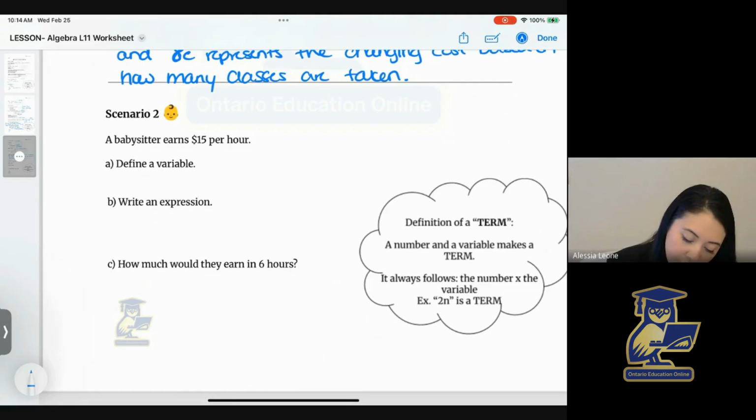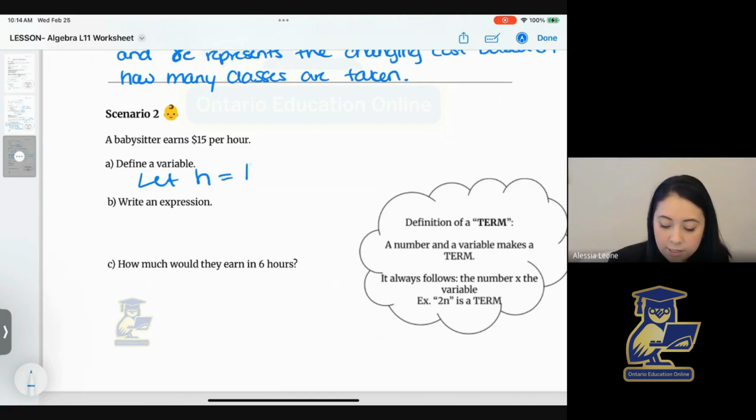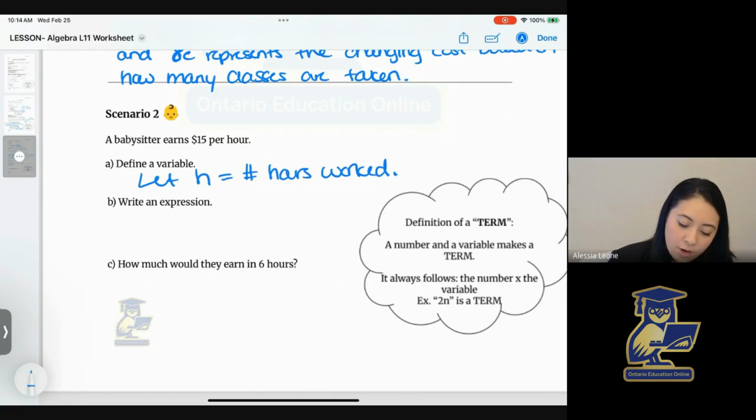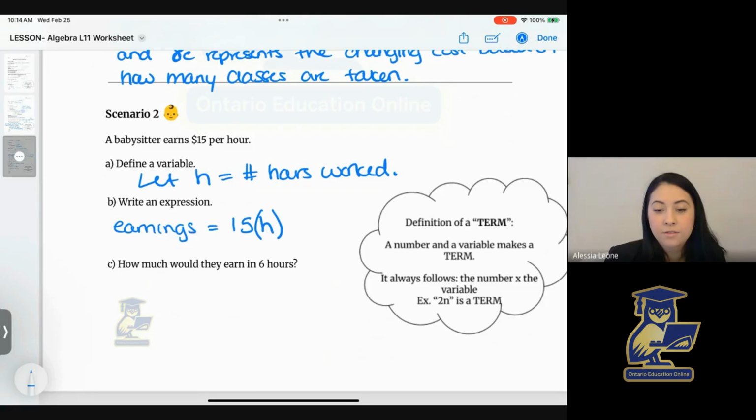So let H equal our number of hours worked. And then we will write our expression. Our expression will be our earnings will be based on our number of hours. So 15 times H. $15 times the number of hours worked.